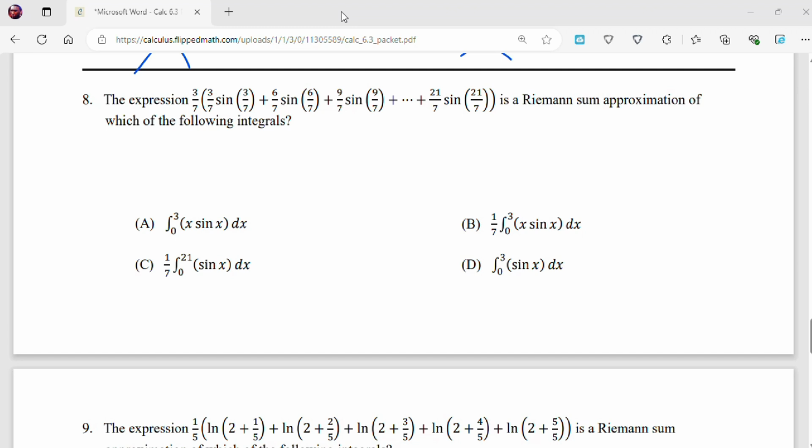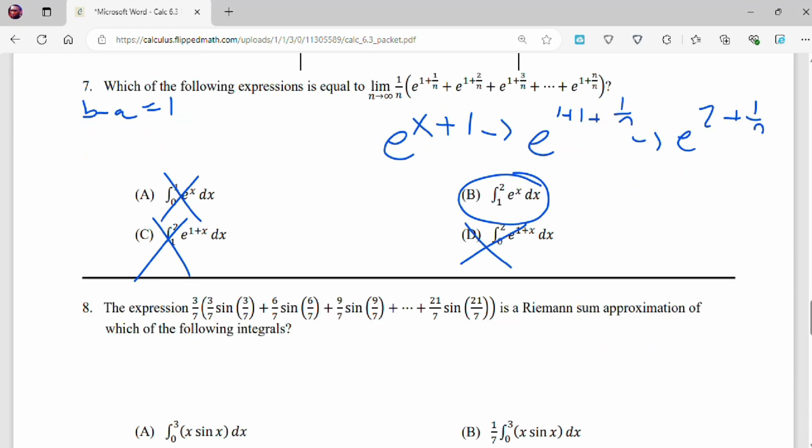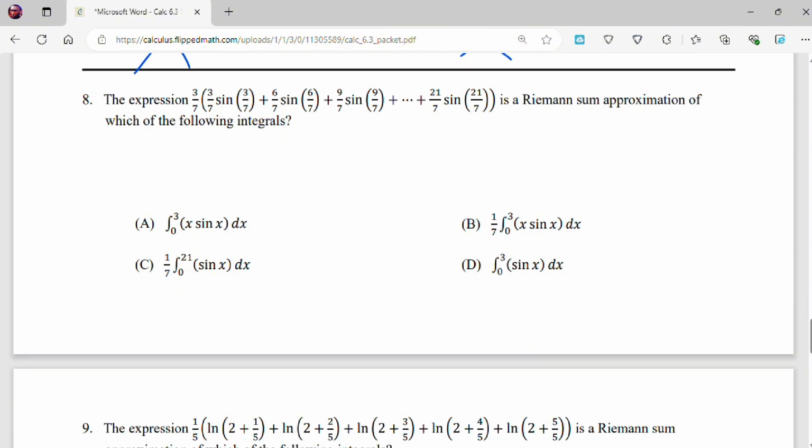Okay, the expression 3 over 7 and then the following is a Riemann sum approximation of which of the following integrals? Okay, so unlike the last question, there is no limit as n approaches infinity. So the only thing we can do is look at the pattern that we have. So I noticed that you have a constant, you have a number times sine of that same number.